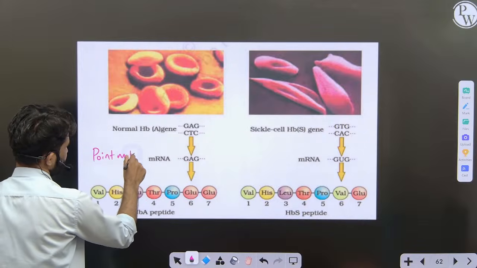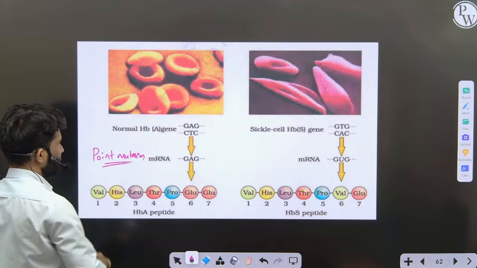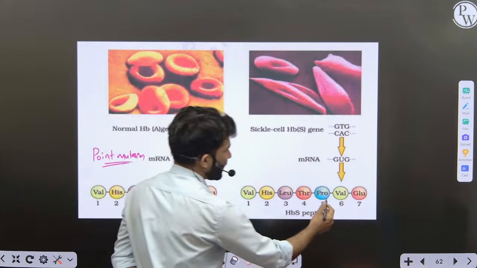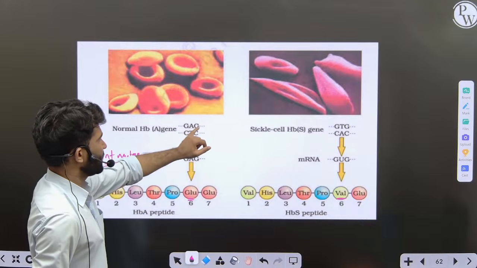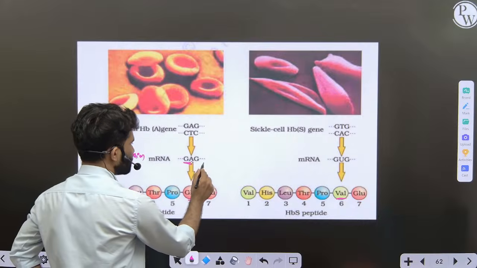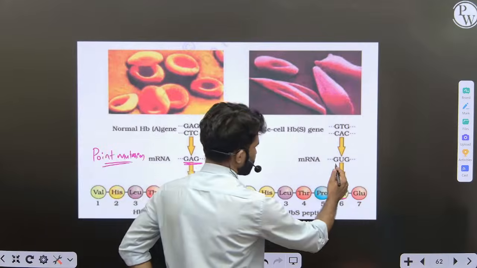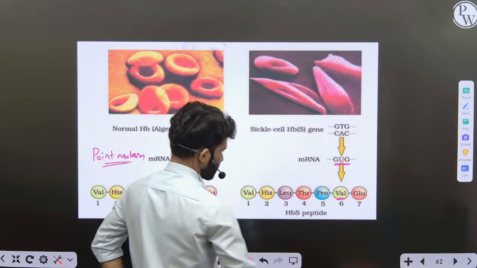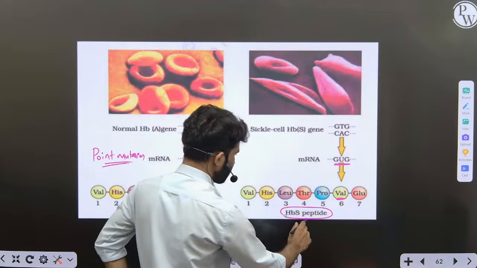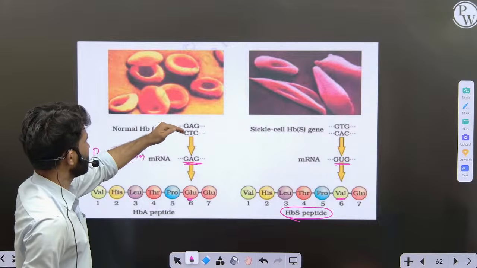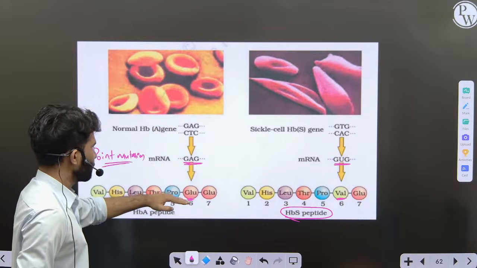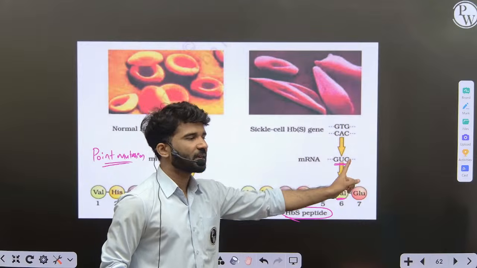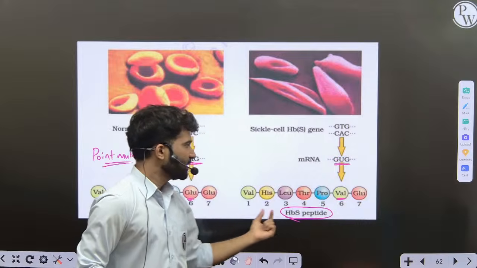At the sixth position of the protein chain, instead of glutamic acid, valine is expressed. The codon GAG changes to GUG, so adenine is replaced by uracil in the mRNA chain, which is translated into valine instead of glutamic acid.